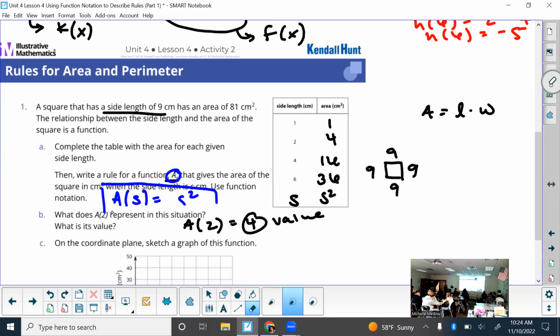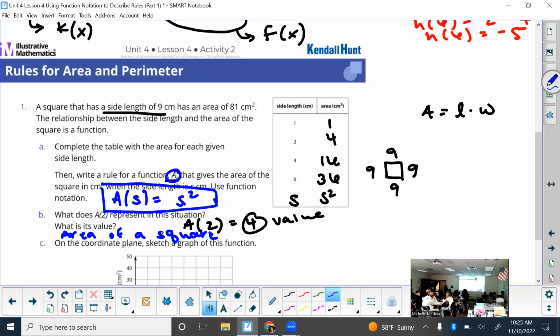If it says A of 2, what do we know about that square? Yeah, you know the answer is 4, but what do we also know about the square? What does the 2 represent? Good, that's all we're looking for. Area of a square with a side length of 2.